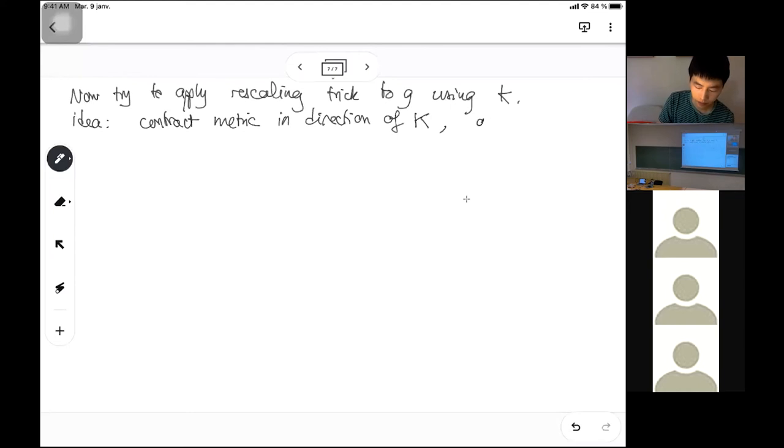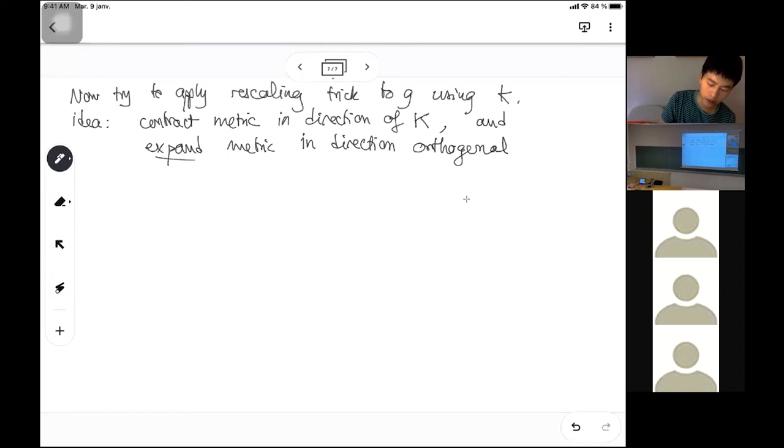And what's important here is that you need to expand the metric in the direction that is orthogonal to the slices E theta to compensate the fact that K is not a killing field.